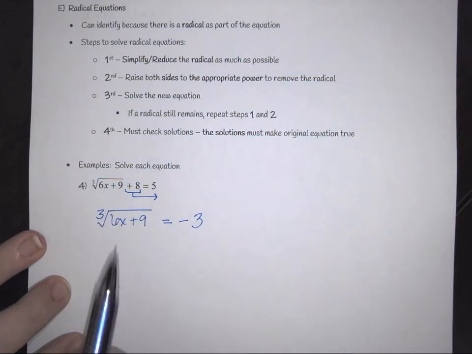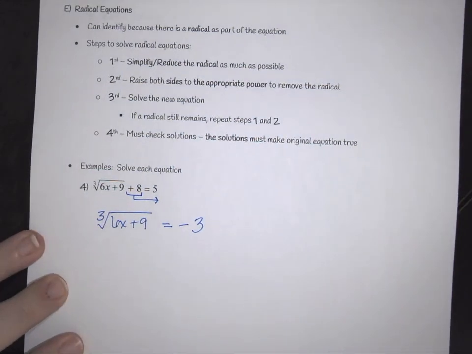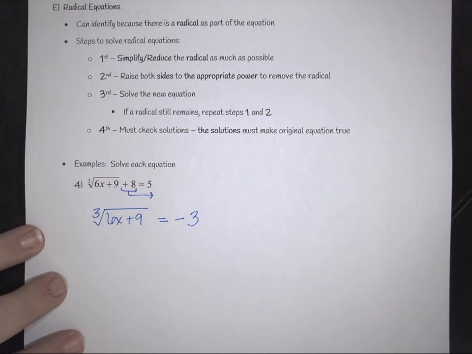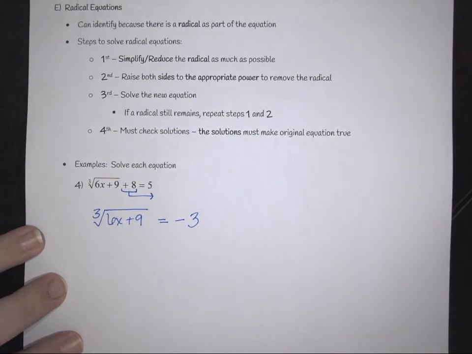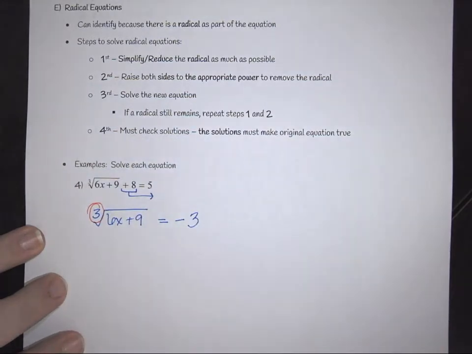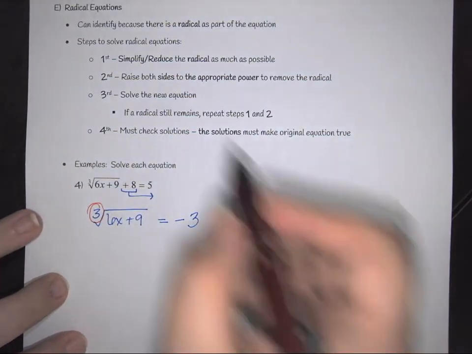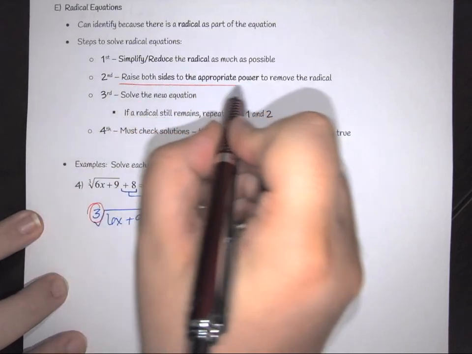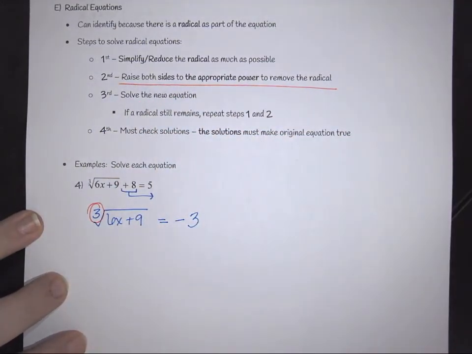Once you get the radical totally isolated and on its own, you have to then look at its index. This index right here is going to tell you what you need to do with your next step, in that you have to raise by the appropriate power.